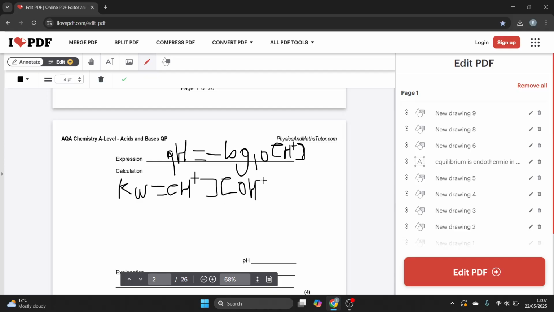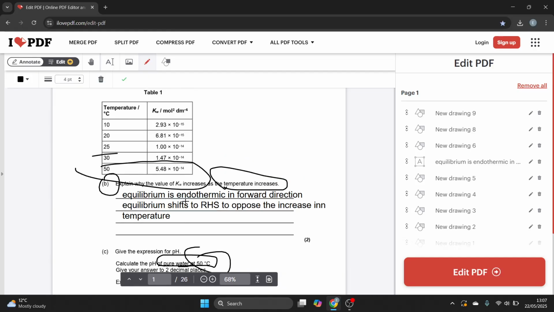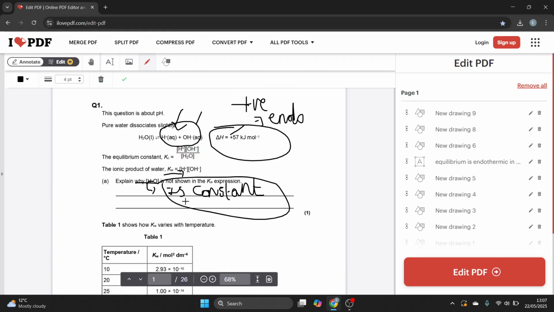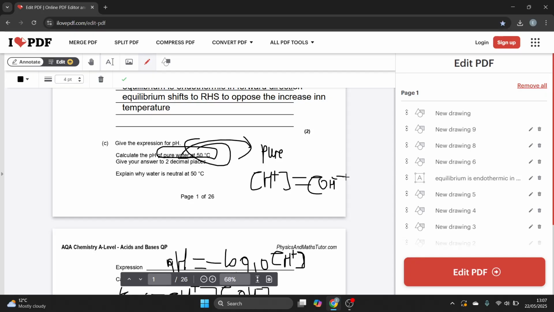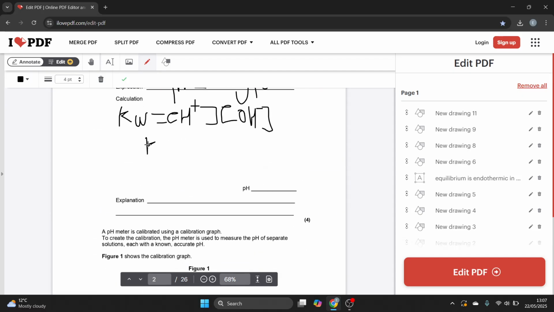I obviously want to find the concentration of H plus. What does it say in the question? It says pure water. So if it's pure, then the concentration of H plus equals the concentration of OH minus. I'll put that on the flashcard if I were you. So the expression becomes KW equals concentration of H plus squared, and that's the part where most students trip up.